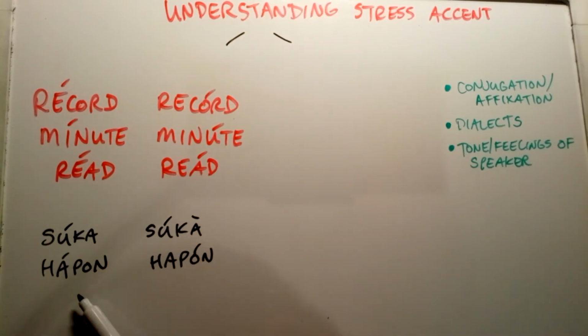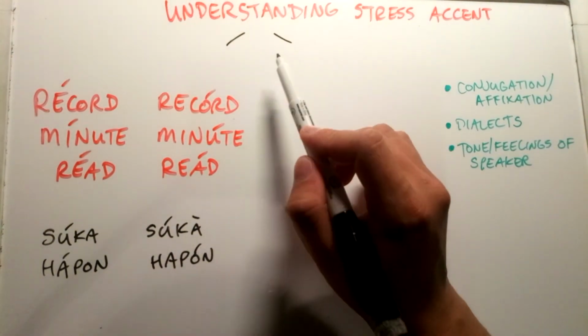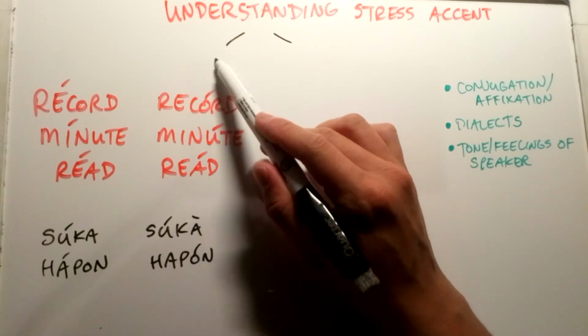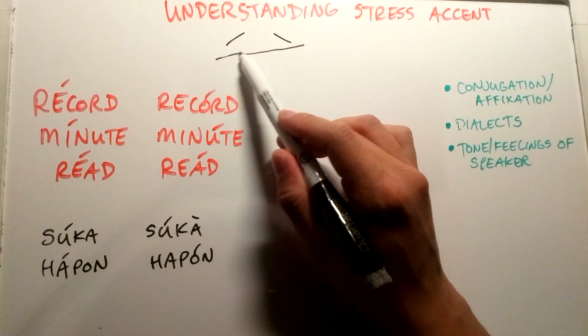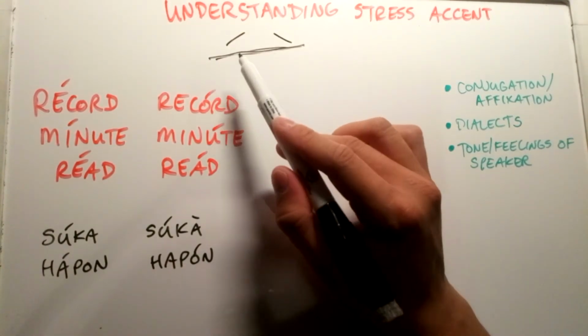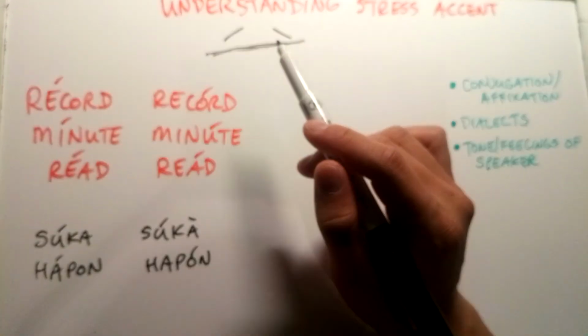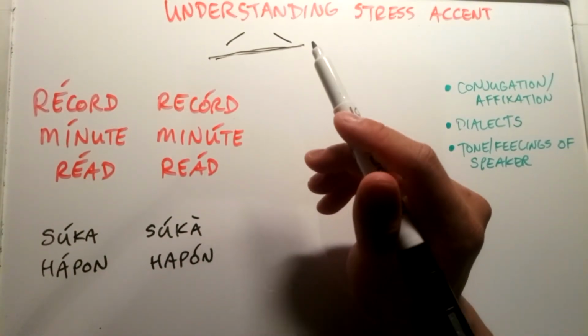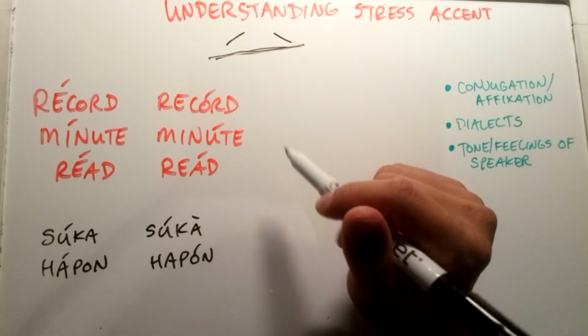It's a glottal stop, right? But for hapon and hapon, there aren't any glottal stops except in the beginning. That's just something different though. And with these stress accents in Cebuano, they are not written in written Cebuano, because people understand through context what the meanings of the words are.